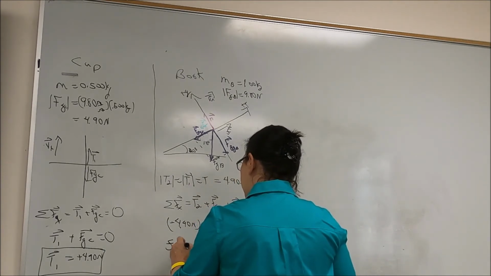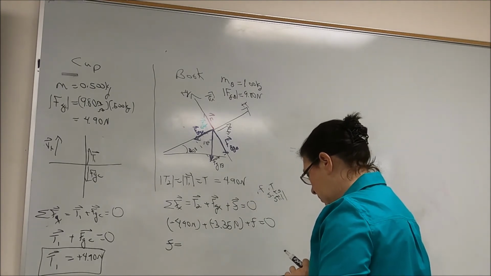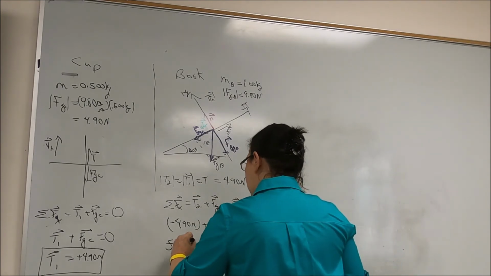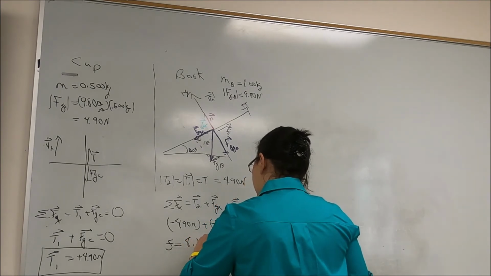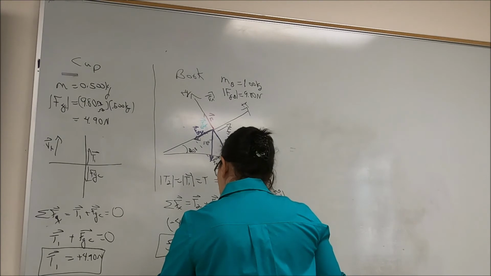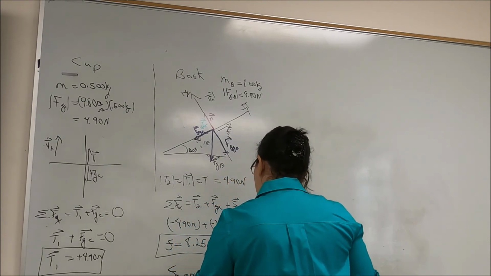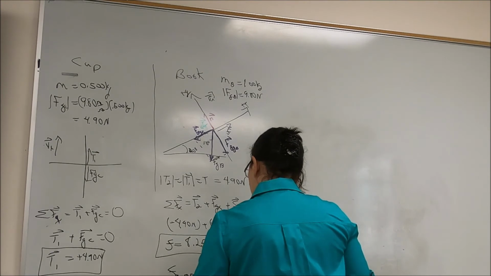So the frictional force needed to keep it sitting still is 8.25 newtons. Now, F sub S max is going to be equal to mu sub s times the normal force.